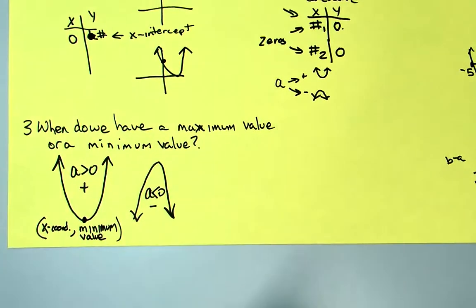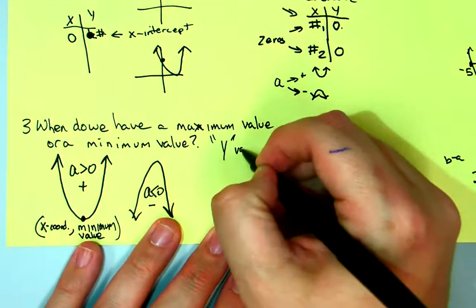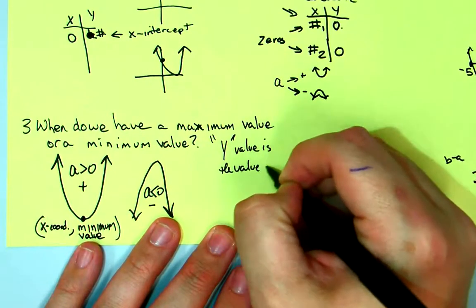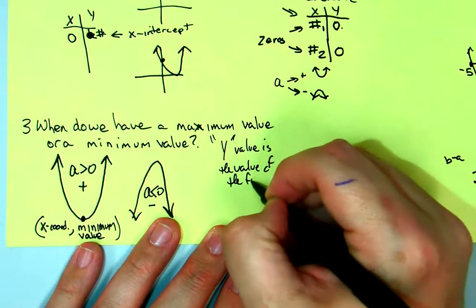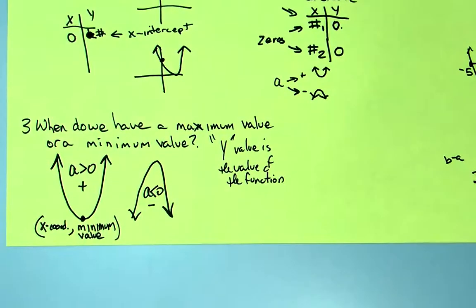The y value in any function, the y is the value of the function. So I'll put that over here. The y value is the value of the function, because a function is usually kind of telling us what's going on. It might be a distance formula, or it might be profit, or anything.